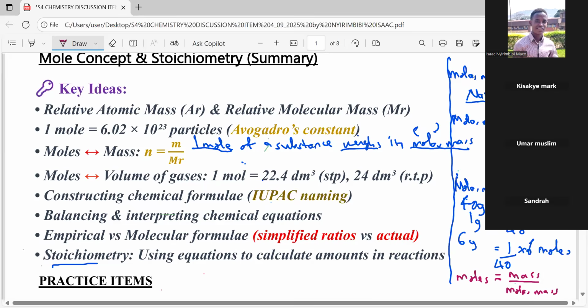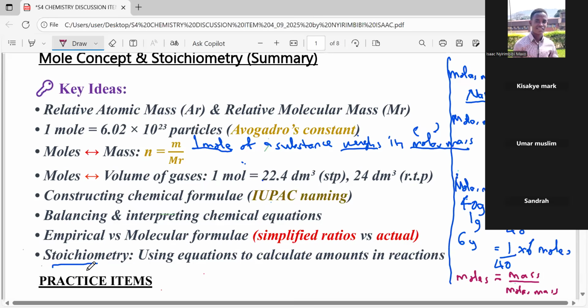Now, another question Omar was asking was about stoichiometry. Stoichiometry should never disturb us at any point. In stoichiometry, we are looking at balancing equations. Having an equation which is balanced, we then use that equation to calculate the amount of substance used or the amount of substance that has been produced.